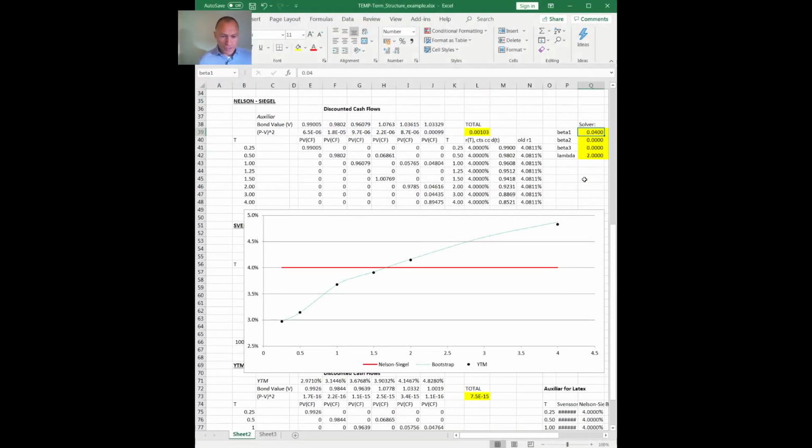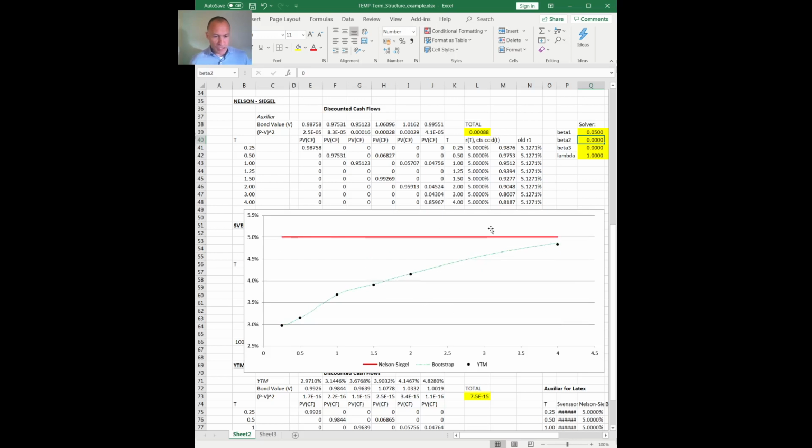So what we are doing here is the following. So let me set these numbers like this. So here I set beta 1 to 4%, and I get this straight line at 4%. If I set beta 1 to 3%, I get a straight line here at 3%. 5%, I get a straight line there at 5%. So this beta 1 is the level of the curve.